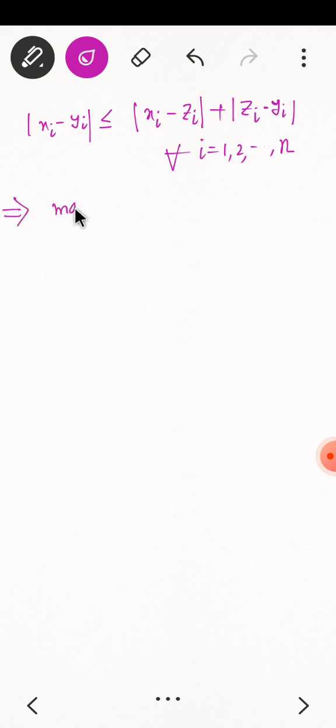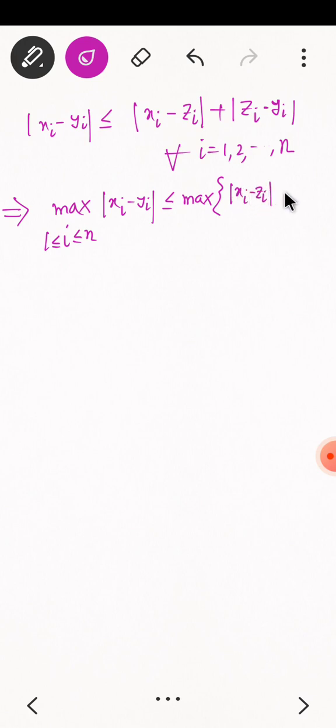So take the maximum of this, we get the maximum of mod of xi minus yi, 1 less equal to i less equal to n, is less equal to the max of mod of xi minus zi plus mod of zi minus yi, i varies from 1 to n.